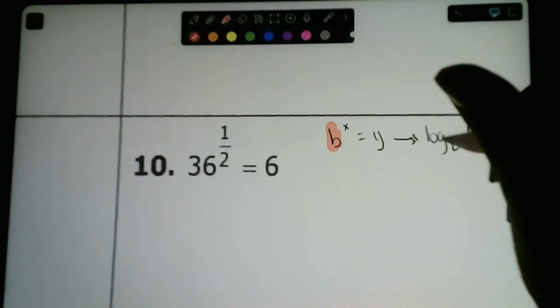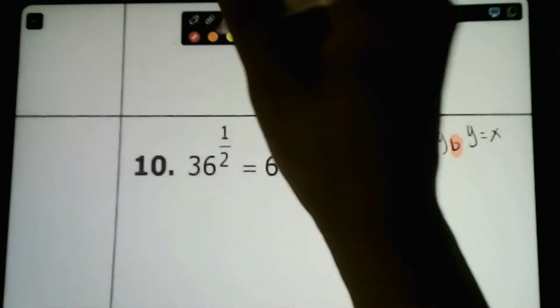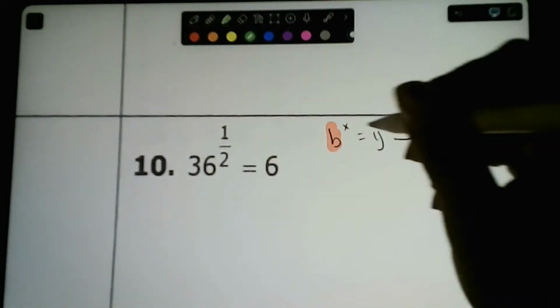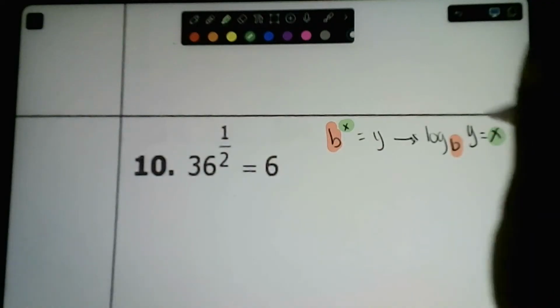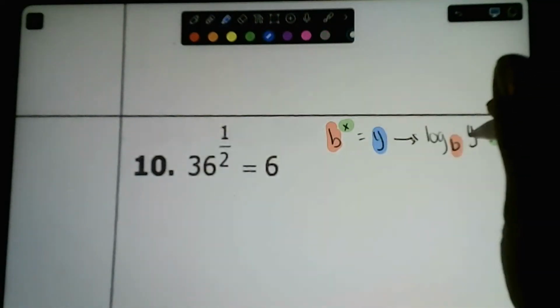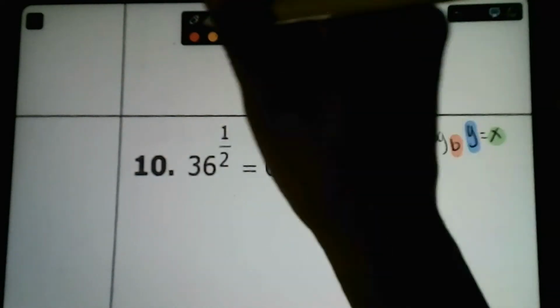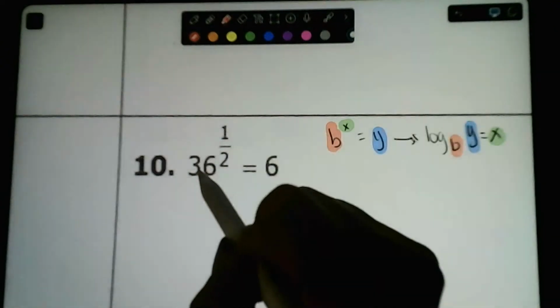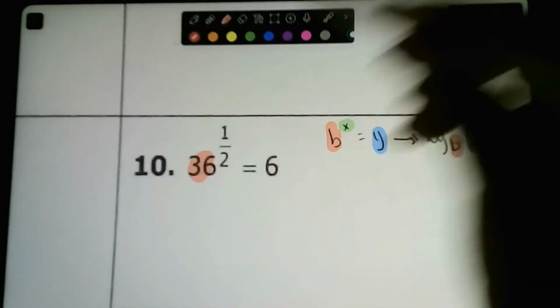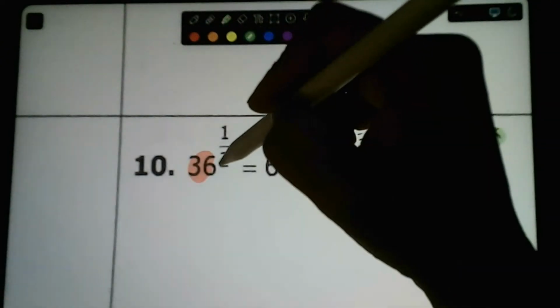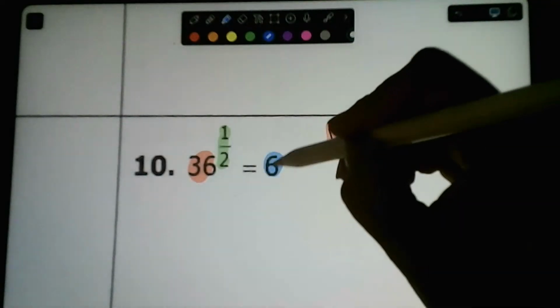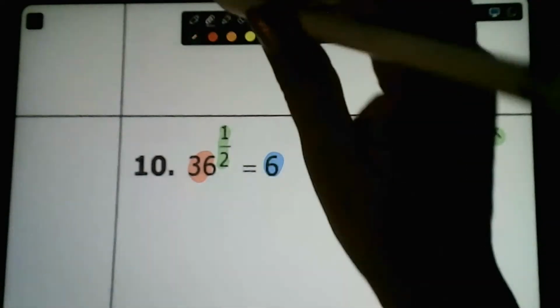So base is there. Exponent. And then what the value equals. All right, looking at what I was given, this is the base. Here's the exponent on that base, and here's the value that it represents.